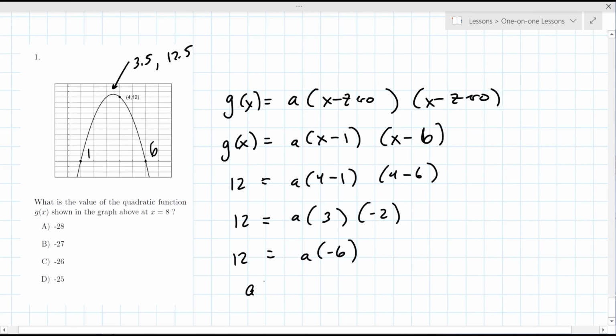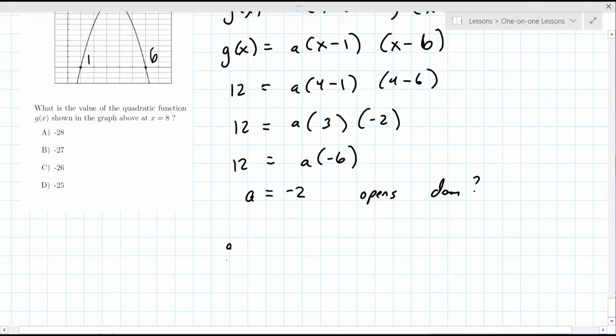Did you get the value that a equals -2? Yes. Okay. So that means that it opens down, and that's what you expected because it does open down. So then from there you plug it in.